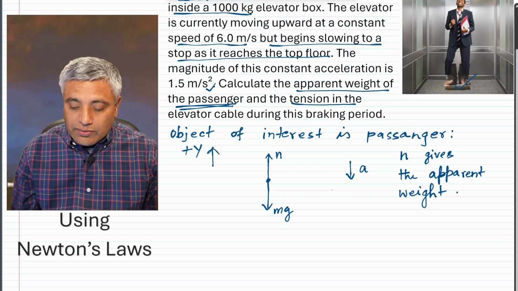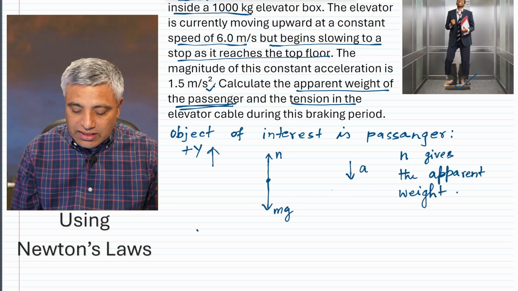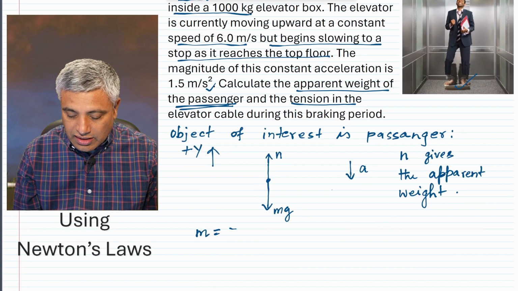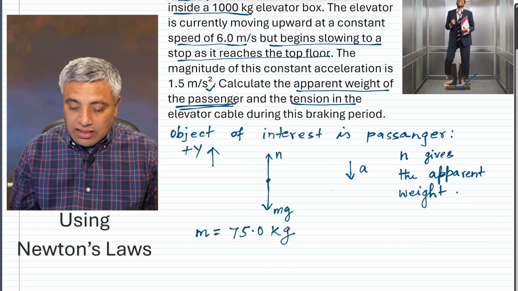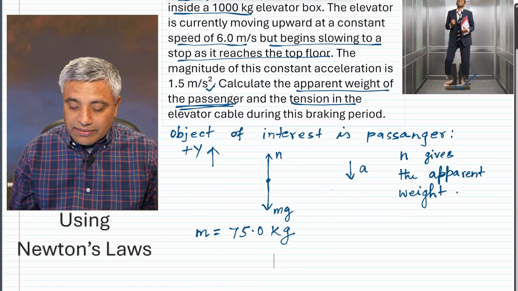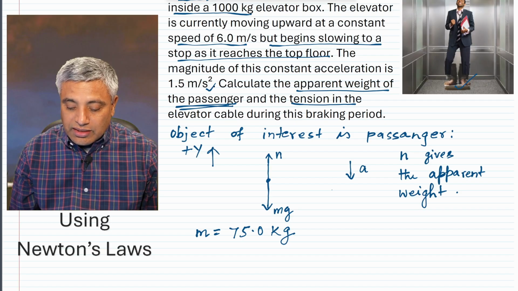So here we can list the things that we know. Here the object of interest is the person, and the mass of the person is 75 kilogram, and looks like this is a 3 sig fig. And here the elevator is 1000 kilogram, but that is not the object of interest.